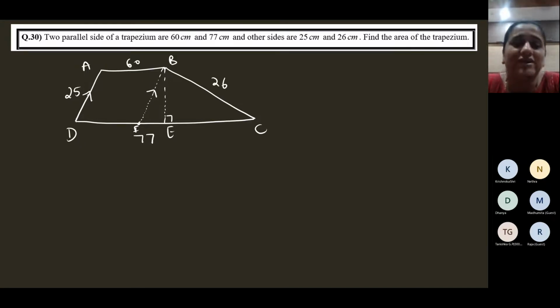BF is parallel to AD. Where does that line through B, which is parallel to AD, meet DC? It meets DC at F. Okay, all right.